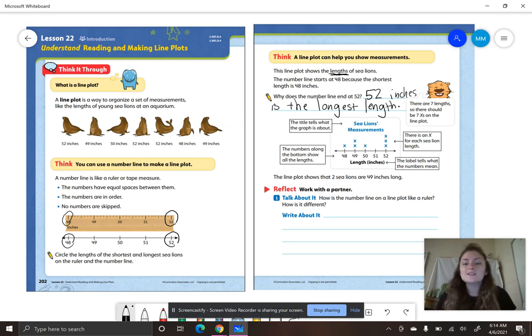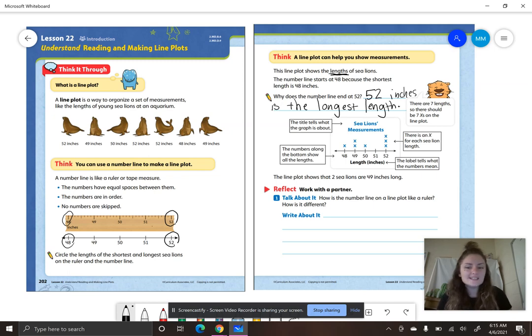Which measurements do we see the least of, or none at all? 51 inches. Now remember, even though we didn't have any sea lions that were 51 inches, we still have to go in number order. So we still had to keep that 51, even though we didn't see any sea lions with that measurement.